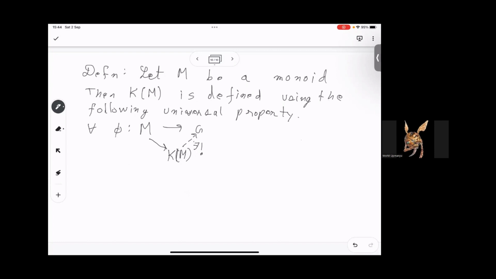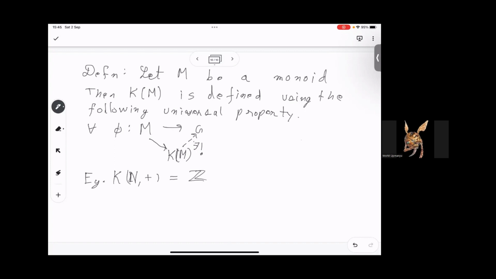So examples, again, more or less the same examples, right? So we had natural numbers under addition. The K group of this is something that we have seen much before, like in school. The K group is the integers.